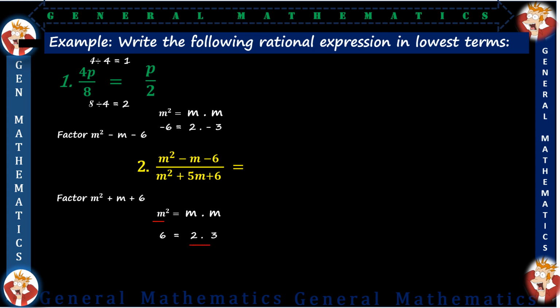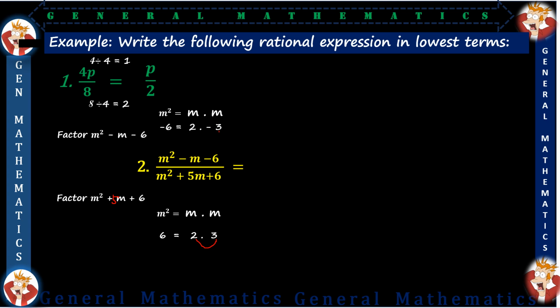Kung mapapansin po natin, wala na po tayong negative sign since positive po yung 6 natin. To check for that, kung tamang ating sagot, multiply lang natin 3 times 2, that's equals to 6. At pag ini-add naman po natin sila, ang kanilang sagot ay dapat magiging 5. 3 plus 2, that's equals to 5m. And therefore, tama ang ating factor.